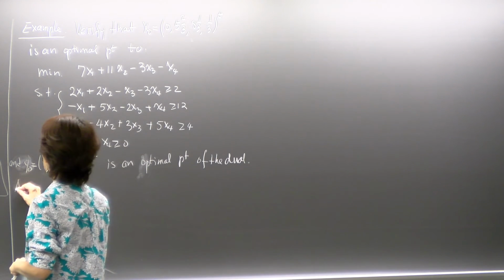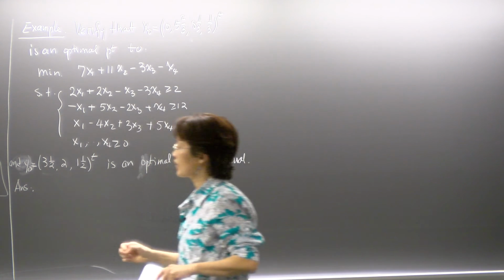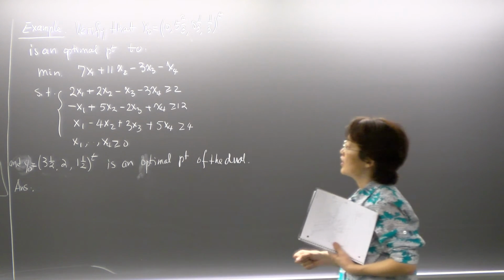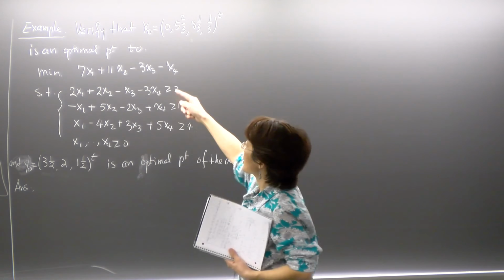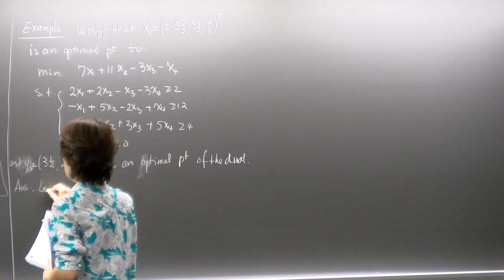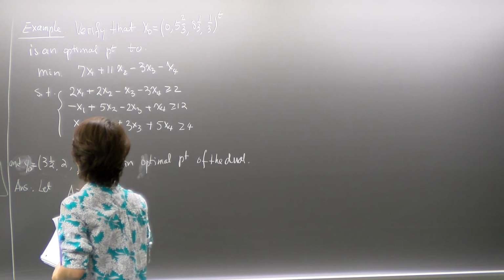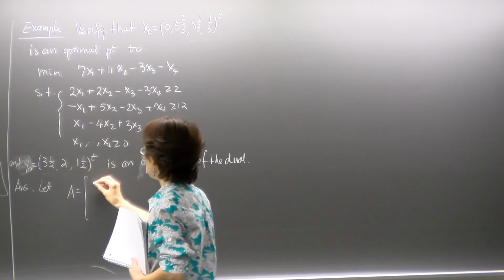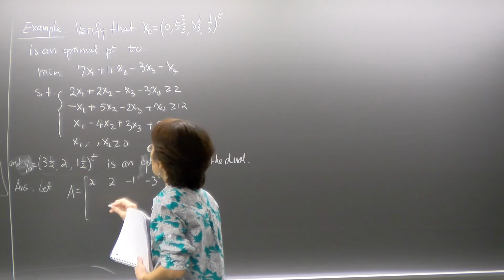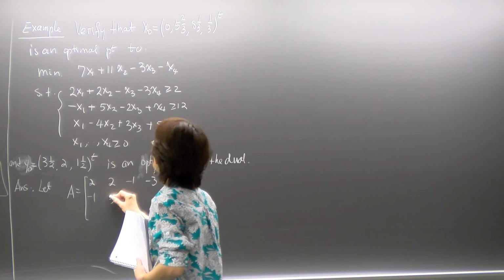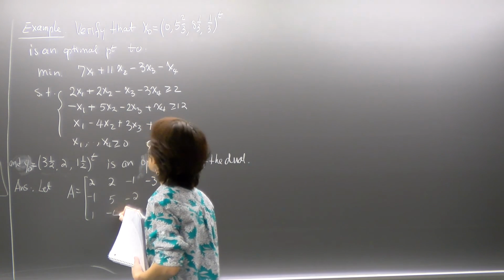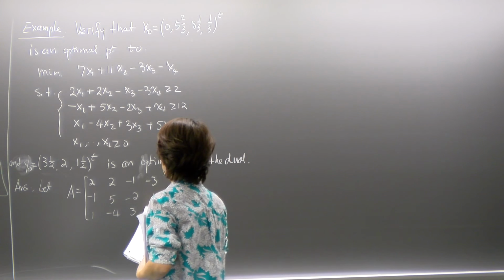Answer. So how about we do this with matrix-vector notation, which would be easier. May I form a matrix of these coefficients? Let A be the coefficient matrix. You know how to form it, you just copy the coefficients: -1, 5, -2, 1, 1, -4, 3, 5.